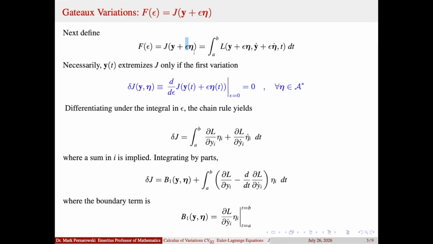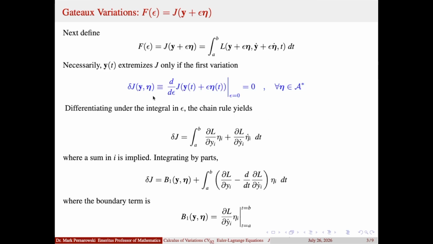Astute observers might say, hey, what happened to the extra term in here that was minus J of y? Well, we're going to be differentiating in epsilon, so that term is always going to be a constant, so we only need to look at the derivative of this first thing. Okay, so that being said, the general theory says that this expression in blue that I'm highlighting right now has to be true.